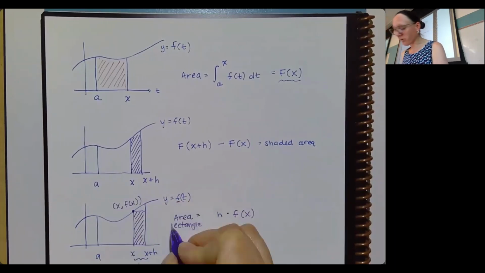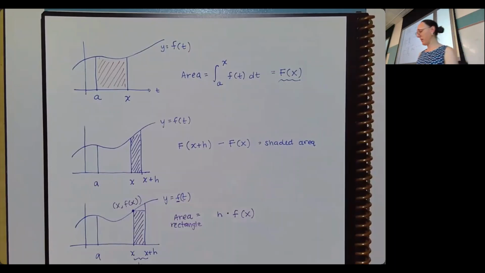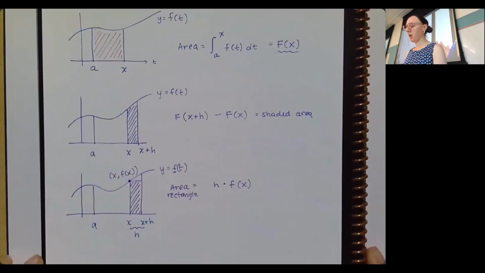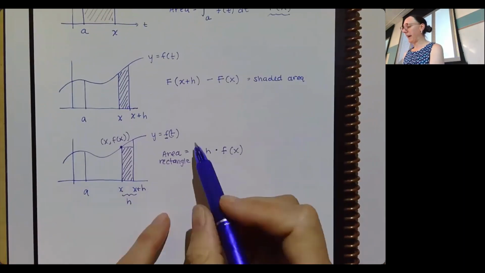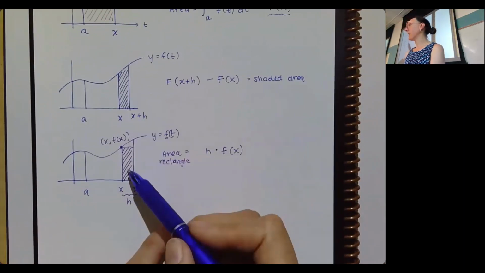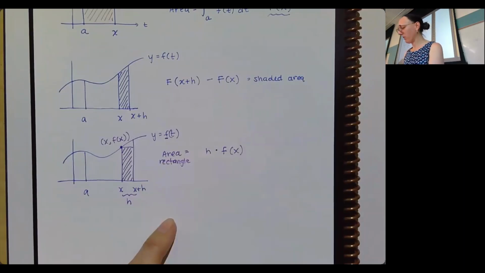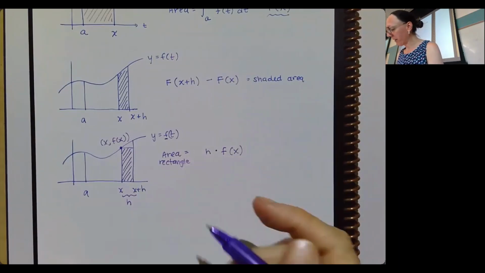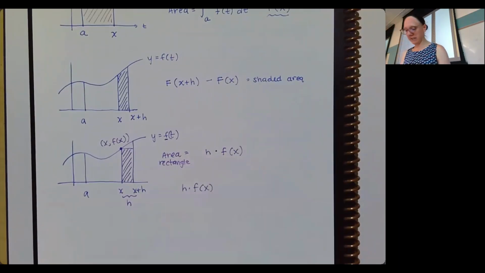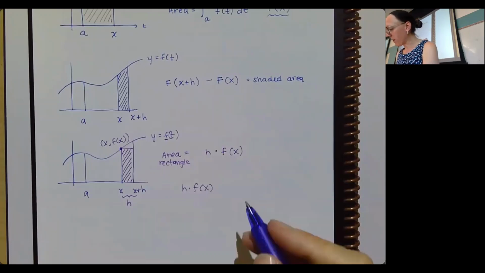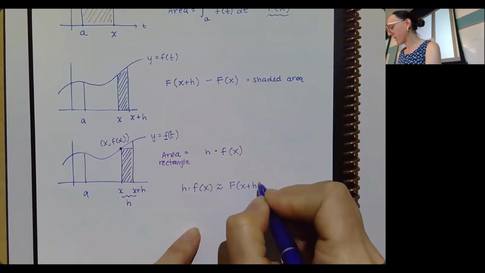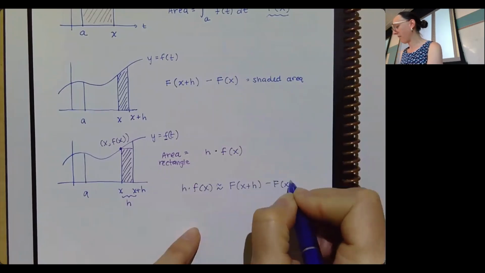And now we're going to do that thing that we did so often in 16a, and that is, cool, that area is approximately like this thing. They're not equal, but they're approximately equal. So that rectangle area of h times f of x is approximately equal to f of x plus h minus f of x.